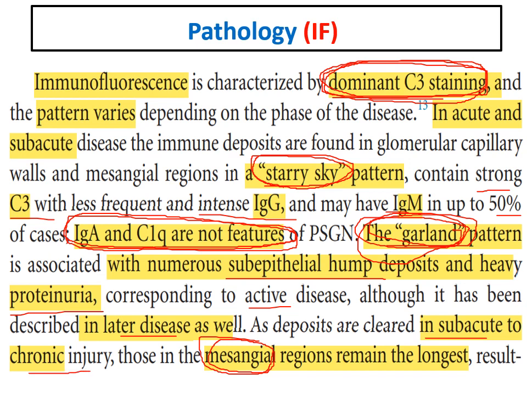We can find the mesangial deposition, which stays for the longest time, the last one to be cleared. So don't forget, strong C3 staining with IgG and IgM, with different patterns: starry sky, garland, and mesangial.